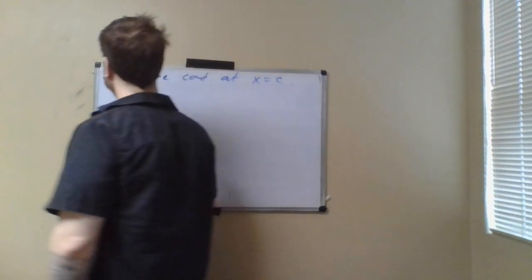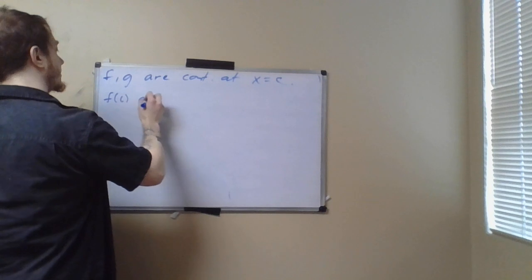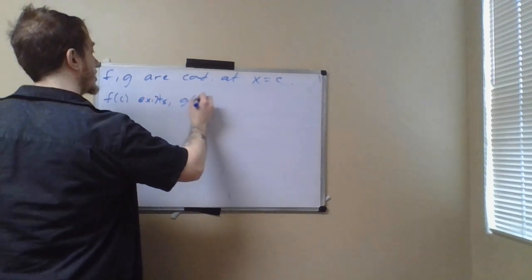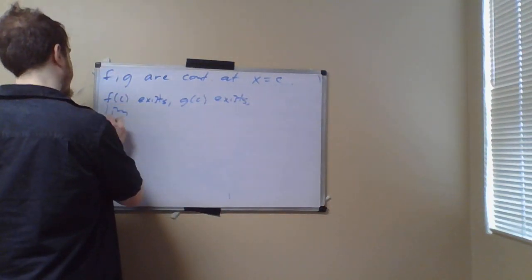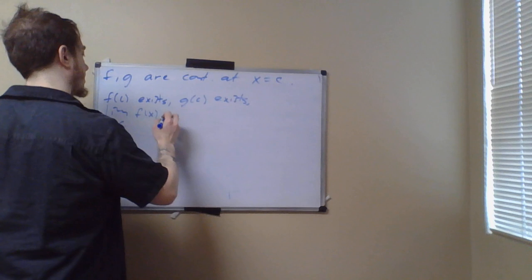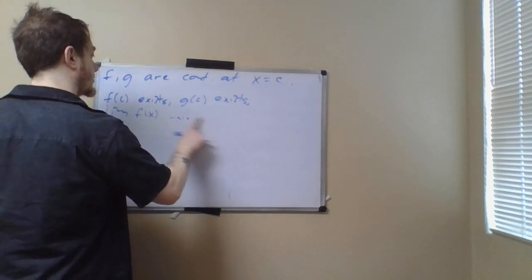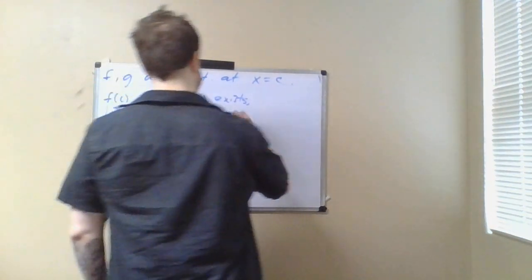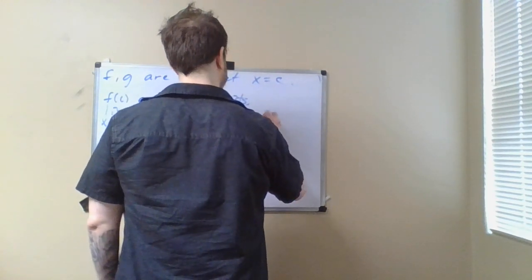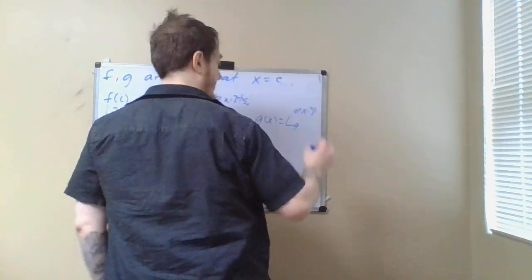Well, then f of c exists, g of c exists, the limit as x approaches c of f of x exists, and let's say that this is equal to LF, and the limit as x approaches c of g of x, which we'll call LG, this also exists.